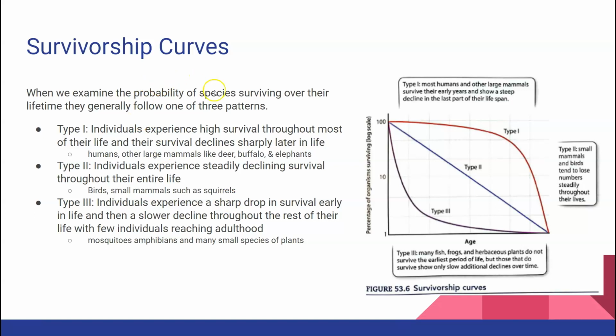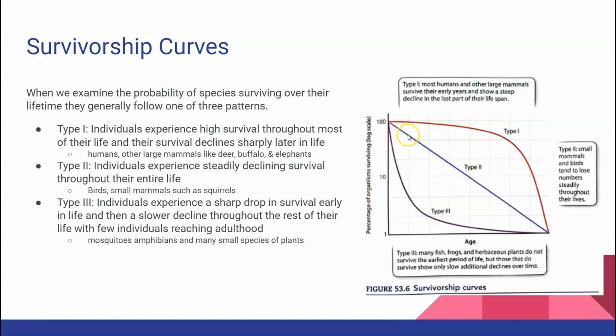So here we have survivorship curves. When we examine the probability of species surviving over their lifetime, they generally follow one of 3 patterns. Either we see individuals that experience high survival throughout most of their life, and then they decline as life goes on. So humans, we typically see humans having an average lifespan of 78 years.